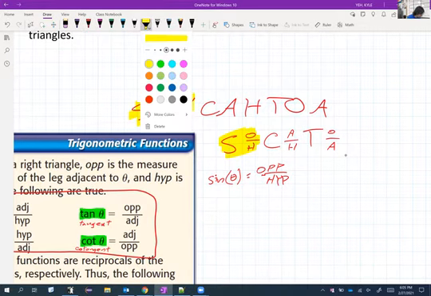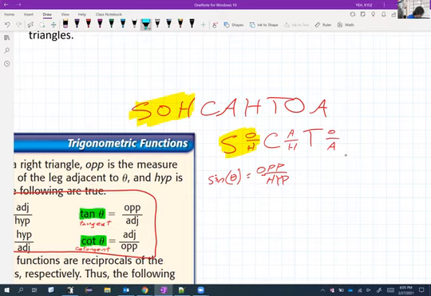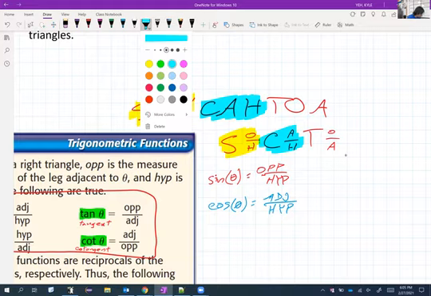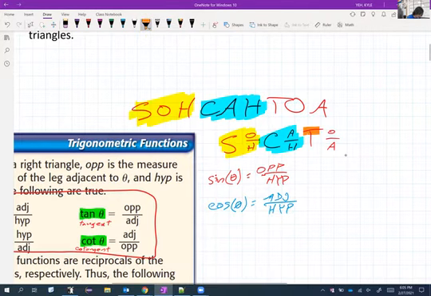Change colors of my highlighter. Blue, cosine is equal to the adjacent side over the hypotenuse. And then finally, I'll go orange for this, I guess.